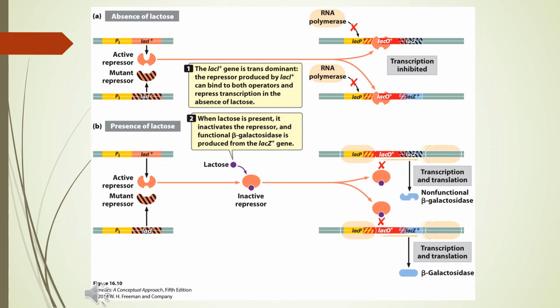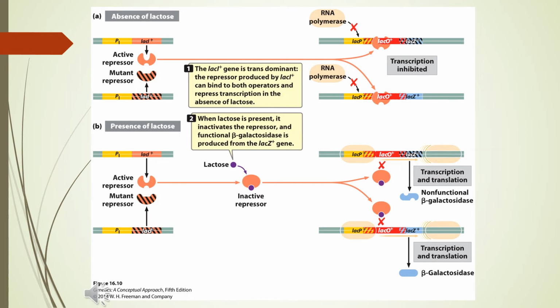On the right side you can see the lac P promoter region is okay, it has not mutated, and lac O plus means the operator region is also fine. Lac Z is minus on the upper side, and at the bottom you can see lac Z plus.